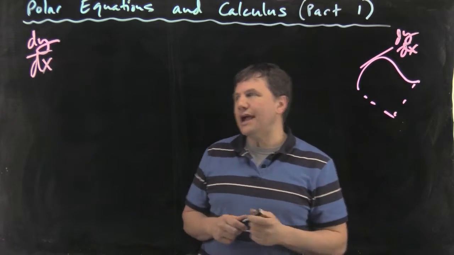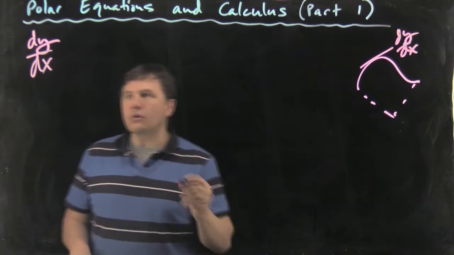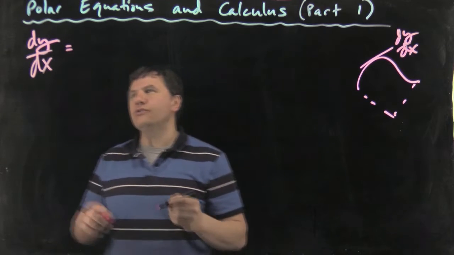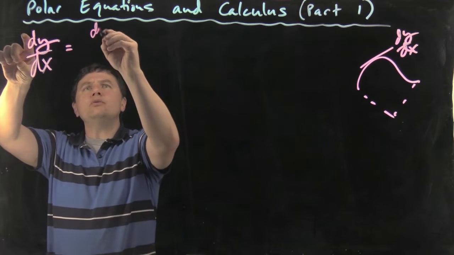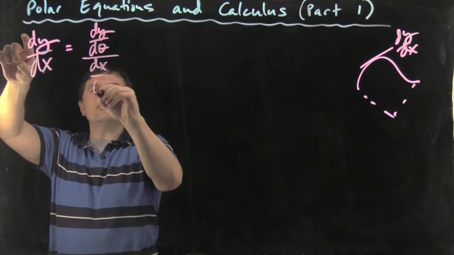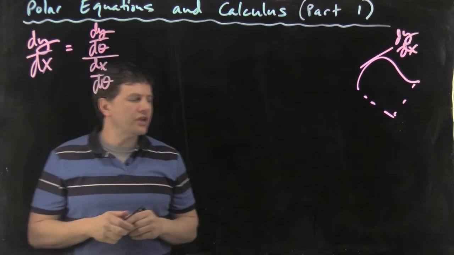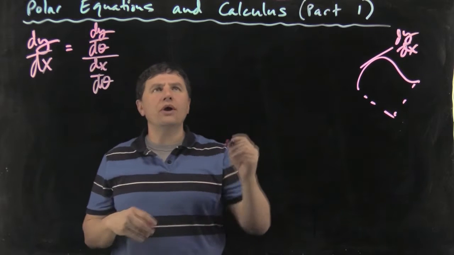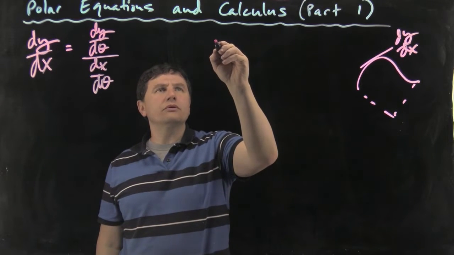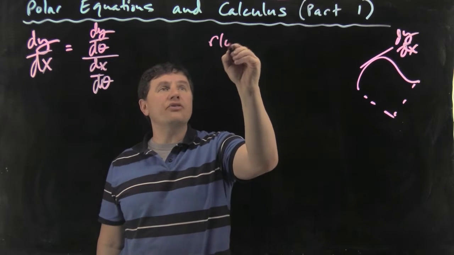So dy over dx, we're going to treat similar to the way we treat parametric equations, in that we're going to call this dy over d theta over dx over d theta. So when you're given a polar equation, we would get something like r of theta, right?